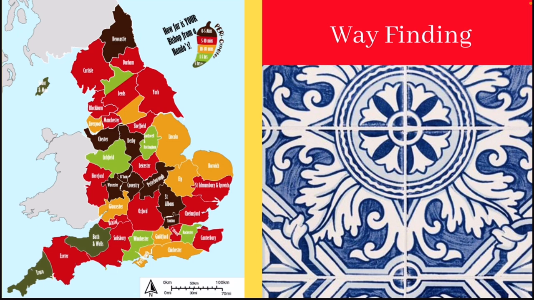The consumer or viewer will see it as, oh, this is a map indicating something, in terms of, you can see by the colors and typography shown here. But this map is actually showing how far it takes from a bishop to its church to the nearest Nando's in England.